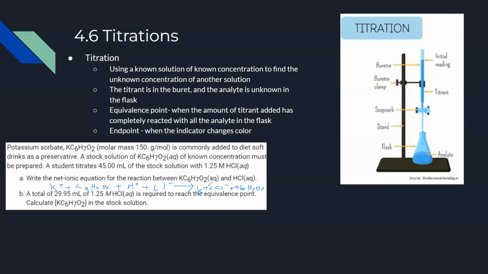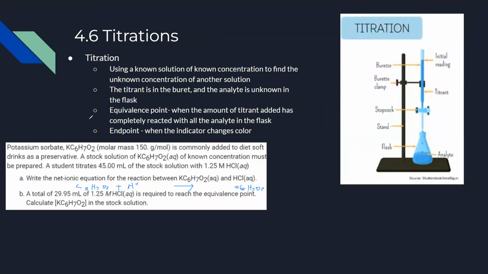You can see that the K and Cl are spectators, so you can take them out and just erase them. So all you have is C6H7O2 minus plus water creates HC6H7O2.